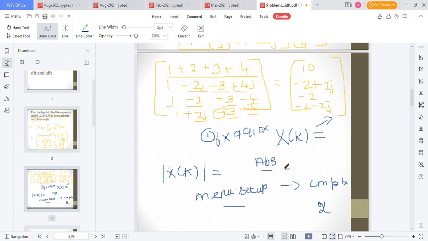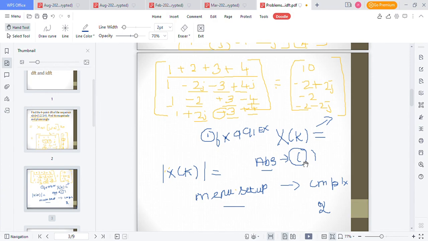So where is ABS for the FX991EX? There is a bracket button, and on the top of this bracket button you have ABS, right? I have marked it with a round mark in blue. See here, I'm showing it using my pen. On the top of this bracket button, you have ABS.